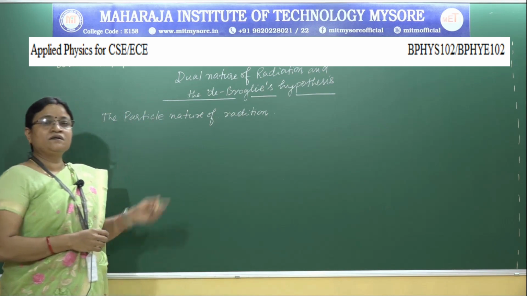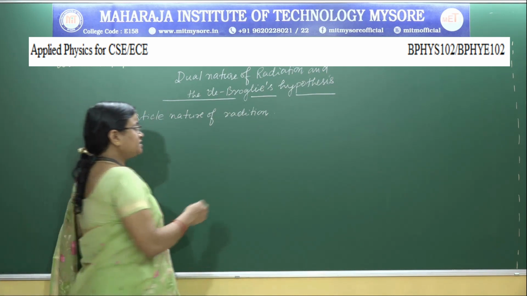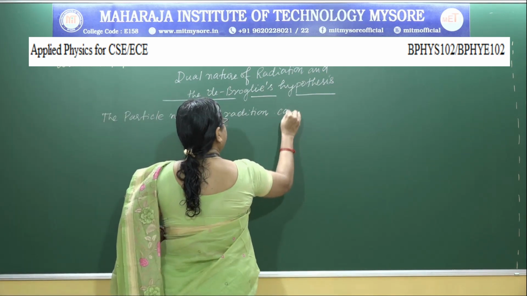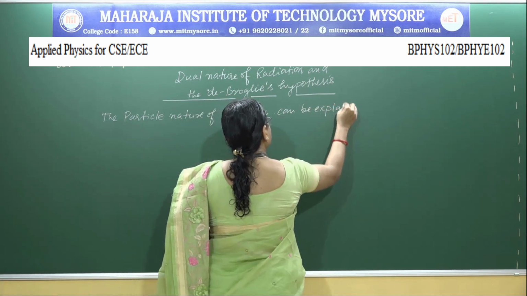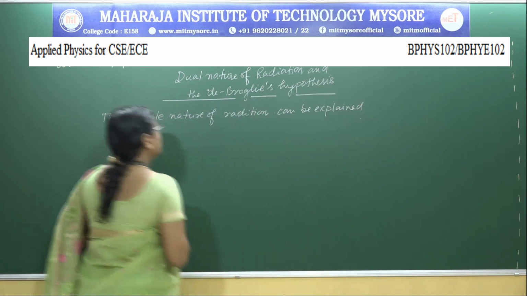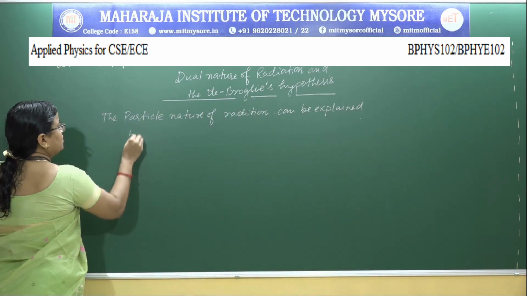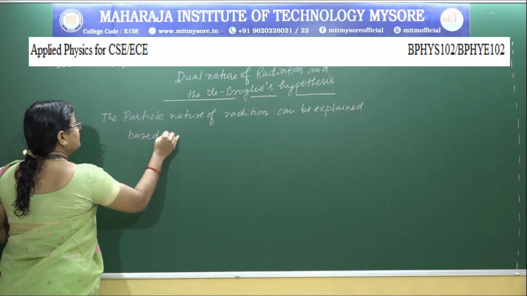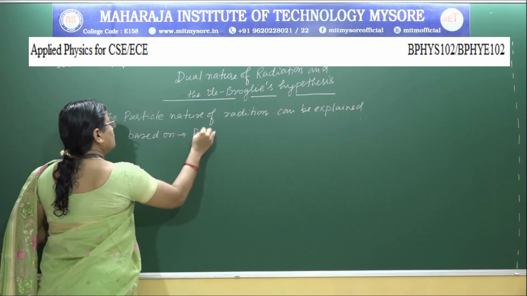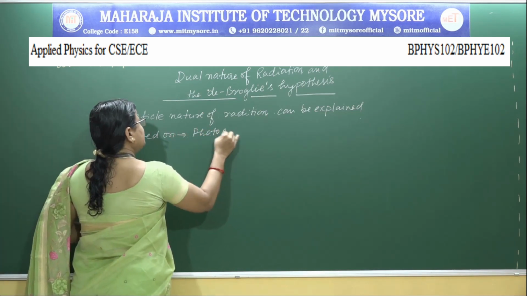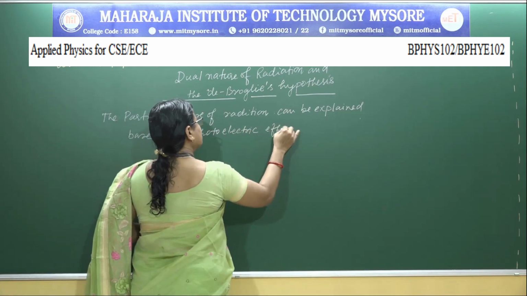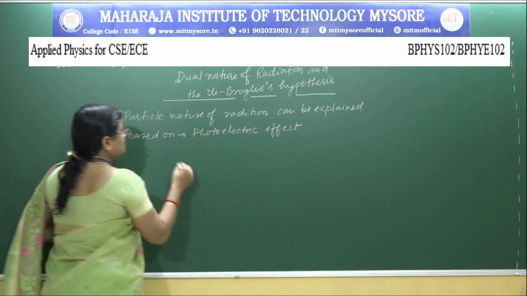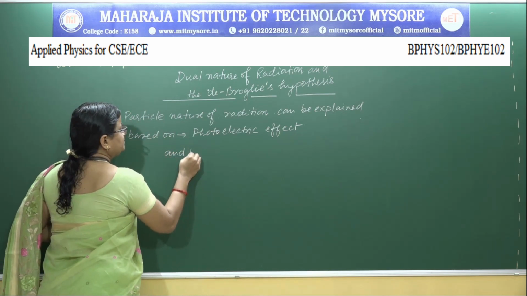radiation can be explained based on photoelectric effect and the Compton effect.